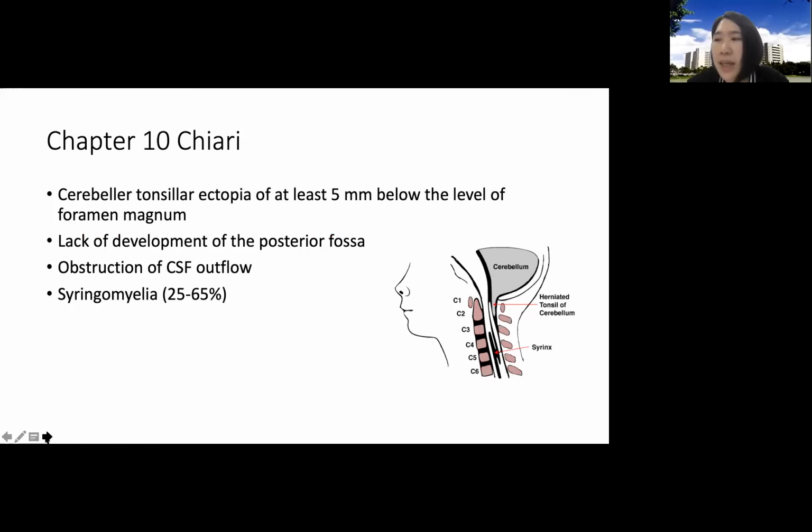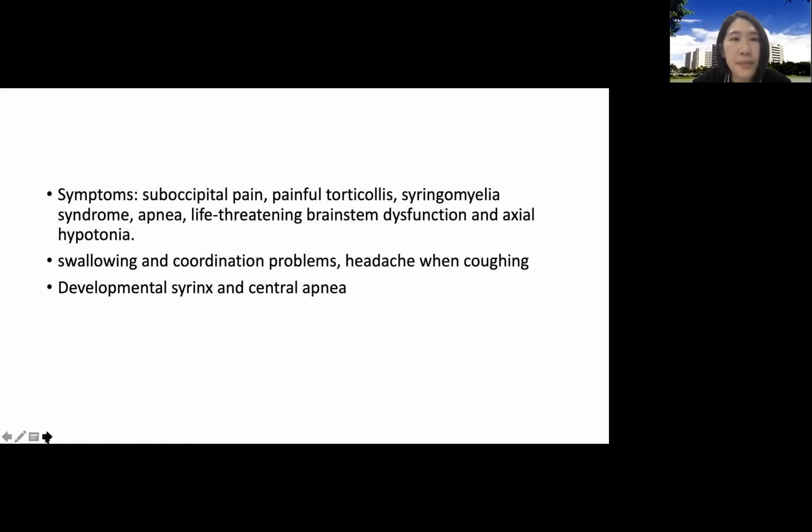Chapter 10 is about Chiari malformation, which I feel is also important. The symptoms of Chiari are not specific but may be critical.